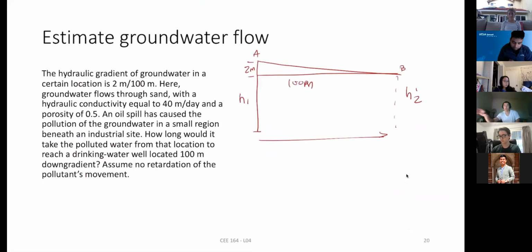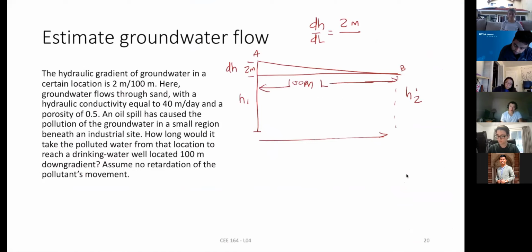Okay, so let's solve this one. The hydraulic gradient, dH over dL, is 2 meters, that's the drop in height dH, over dL or L, which is 100 meters. So you get 0.02. There is no unit here.